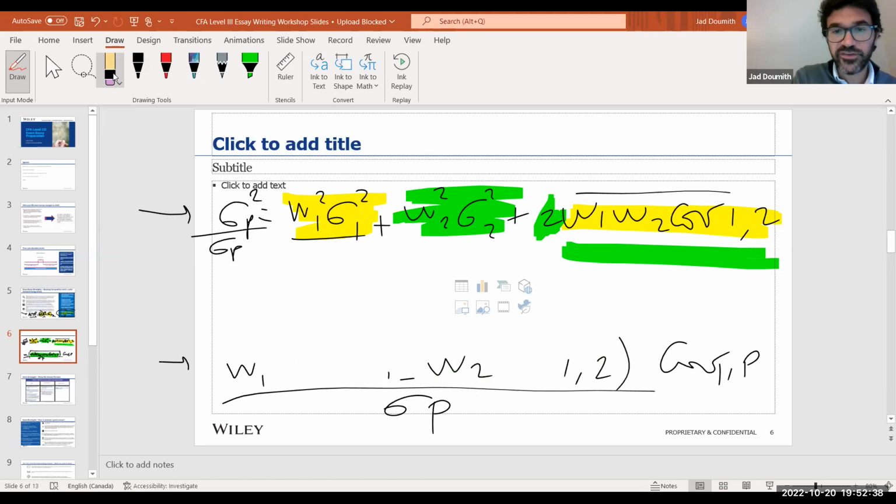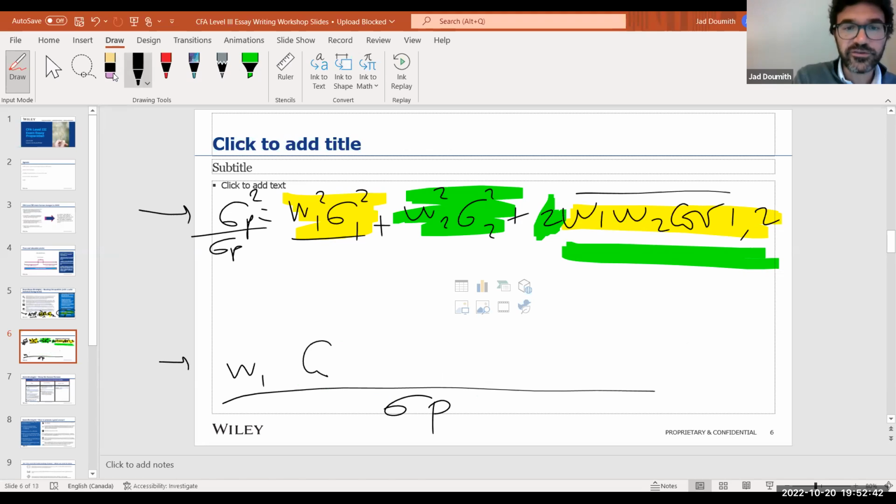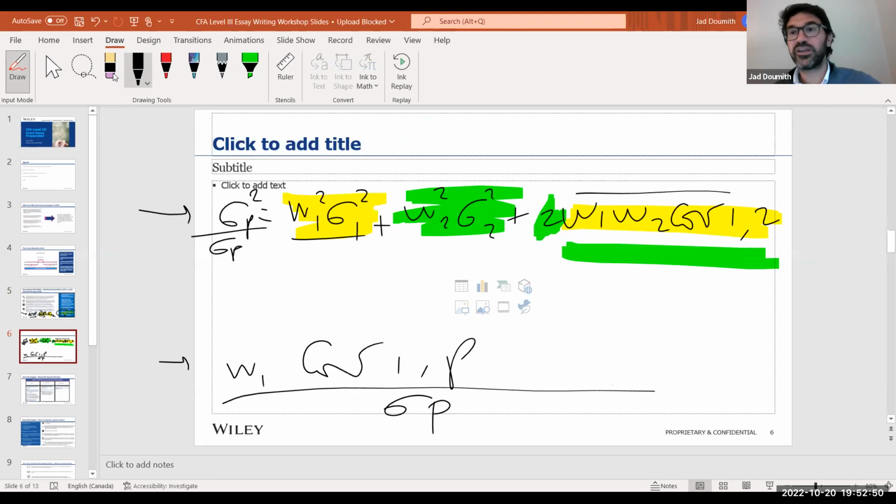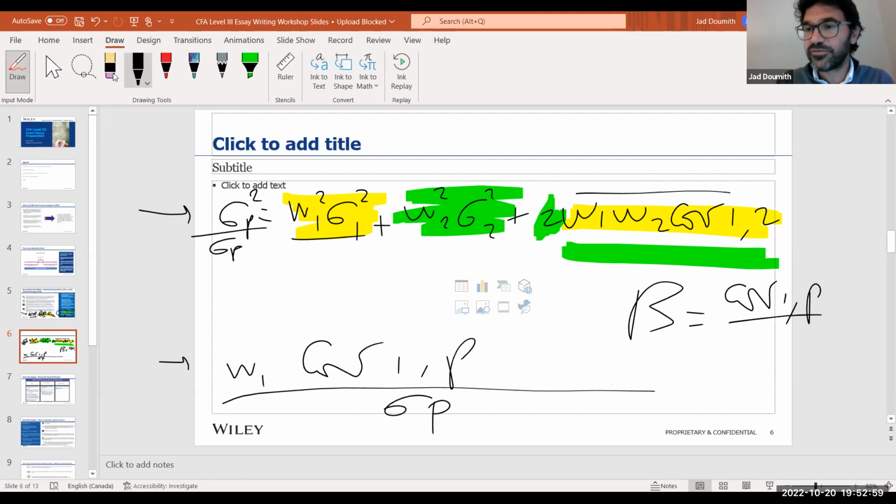So I'm going to erase this one here and replace it by covariance of one with the portfolio. The very last trick to get to the final form of the formula as per CFA Institute textbooks would be to recognize that the beta of an asset is the covariance of that asset divided by the variance of whatever index or portfolio you are calculating beta against.